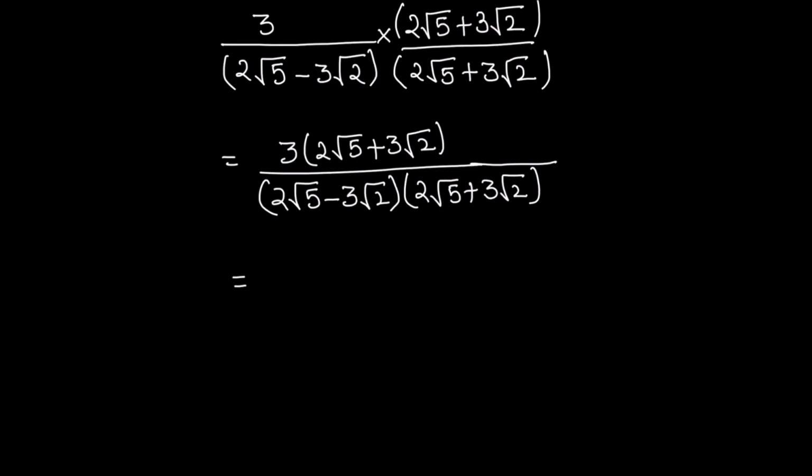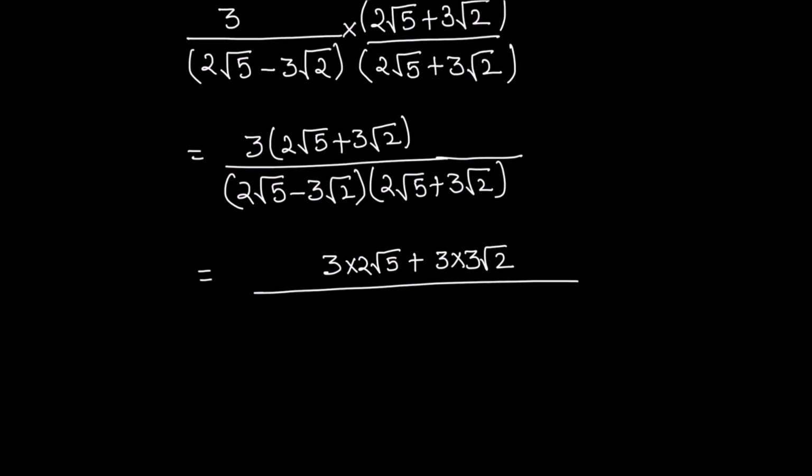So this is going to be 3 times 2 root 5 plus 3 times 3 root 2, and for the denominator here we are going to use the formula for difference of squares, which is a square minus b square equals a minus b times a plus b.